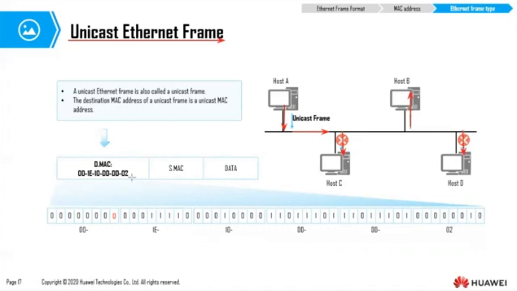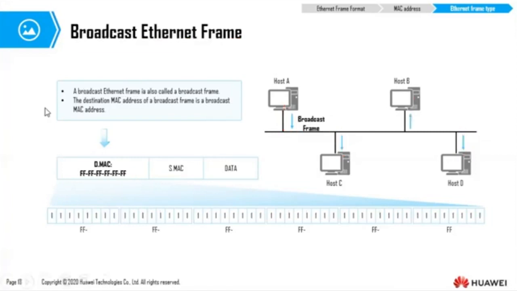Because the destination MAC address is for host B, 02 is for host B. So you can see that for a unicast MAC address, that bit of the first octet or byte is going to be a 0 because it's a unicast.